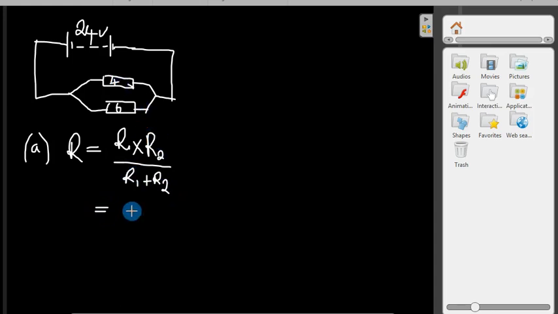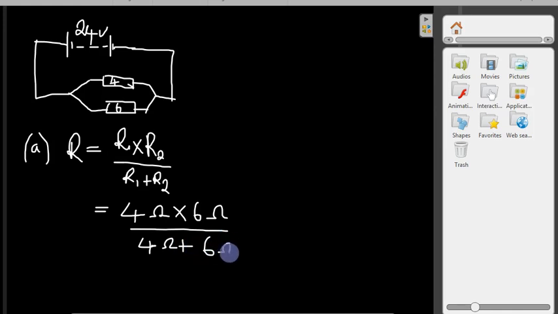So the first one is 4 ohms, so you just say 4 ohms multiplied by 6 ohms, divided by 4 ohms added to 6 ohms. So on top you multiply and below you add.